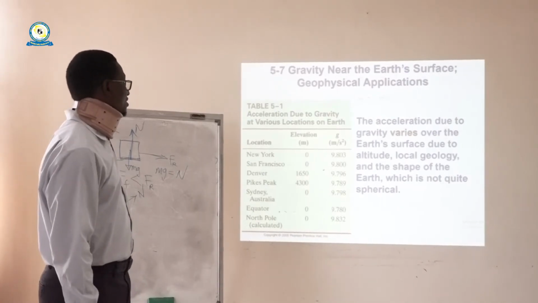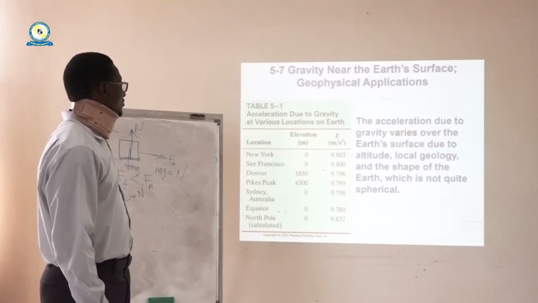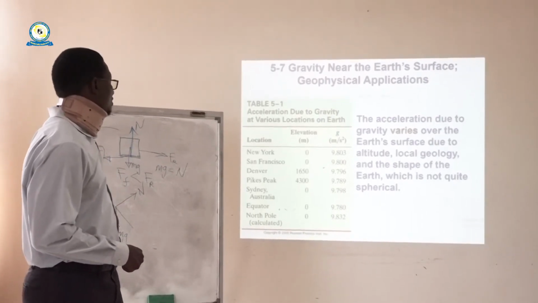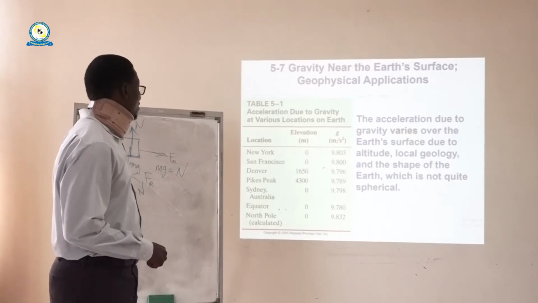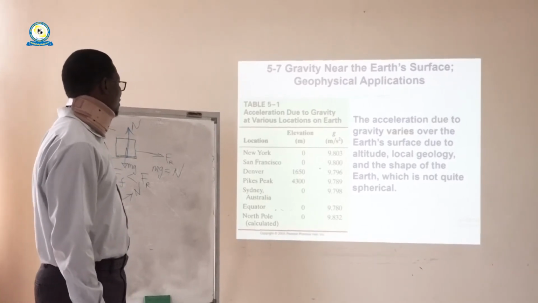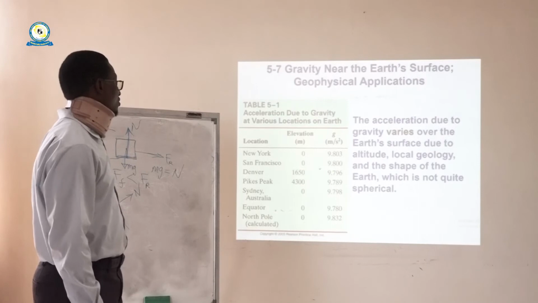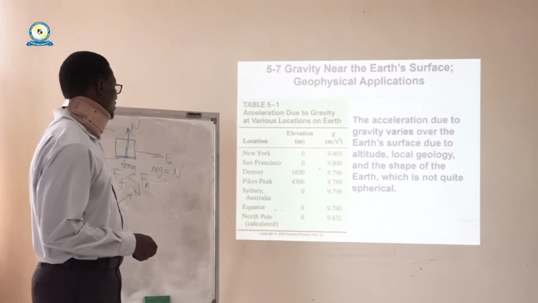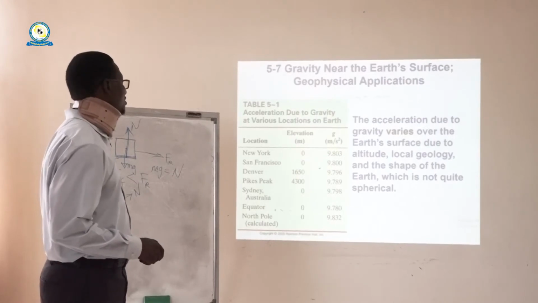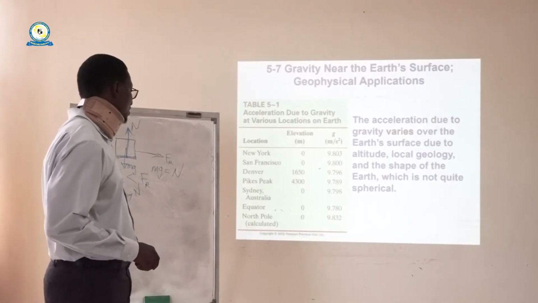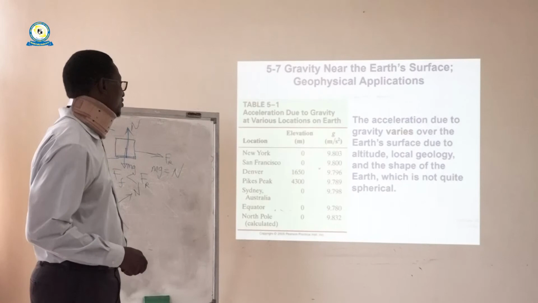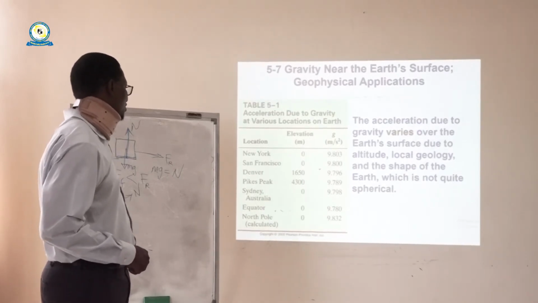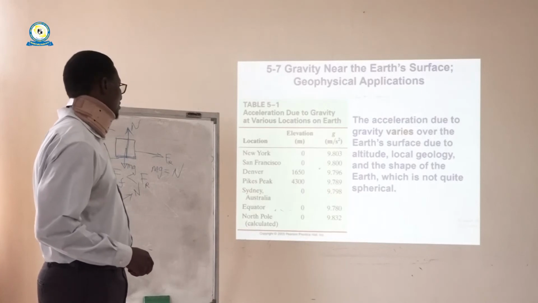Gravity near the Earth's surface. Table 5.1, acceleration due to gravity at various locations on Earth. New York is that much. It's different, 9.8 and it's close. That's why we call it 9.8. We use the constant 9.8, though the values differ.